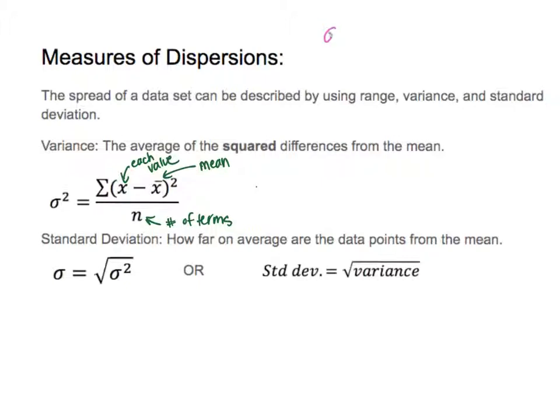You can write it almost like a 6, but I don't like to write it that way. I like to write it more like an O with a cursive tilt to it. That represents sigma, but the lowercase version. So these are both called sigma, but this is just the lowercase version. When you have sigma squared, that is usually represented as the variance. So sigma squared is what we call the variance.